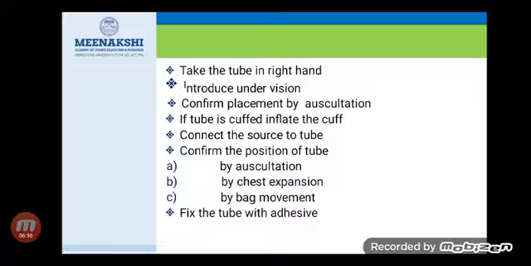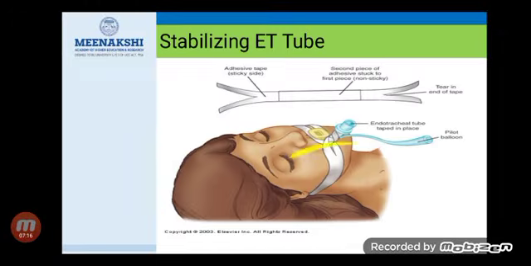Inflate the cuff, connect the source to the tube, and confirm the position of the tube by auscultation, by chest expansion and by bag movements. Finally, fix the tube with adhesive tapes. So these are the procedures while doing endotracheal intubation.